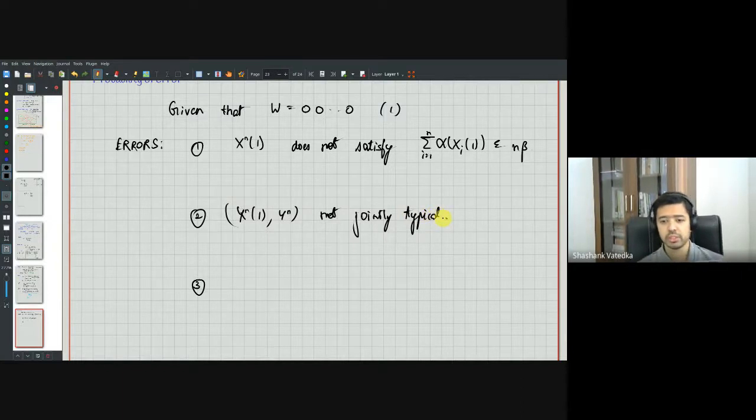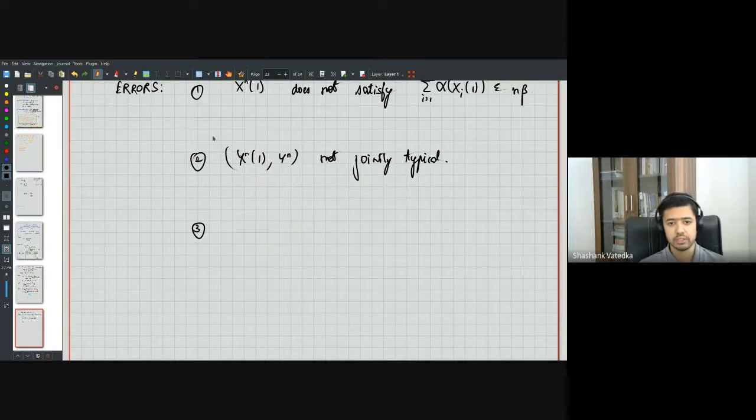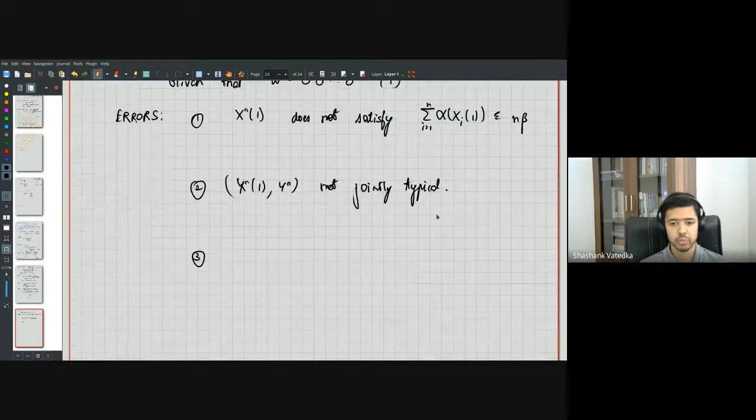But we know the probability of this happening is very, very small. Note that xn of 1 is generated IID, it is transmitted across the channel, and yn is obtained by passing xn through the DMC p y given x. So they're jointly distributed according to pxy and are IID. So the probability of them not being jointly typical is vanishing in n. We know that, so this source of error is not too bad.